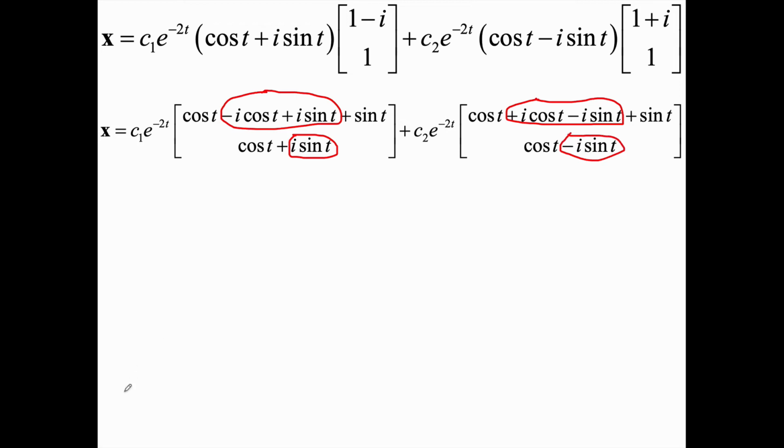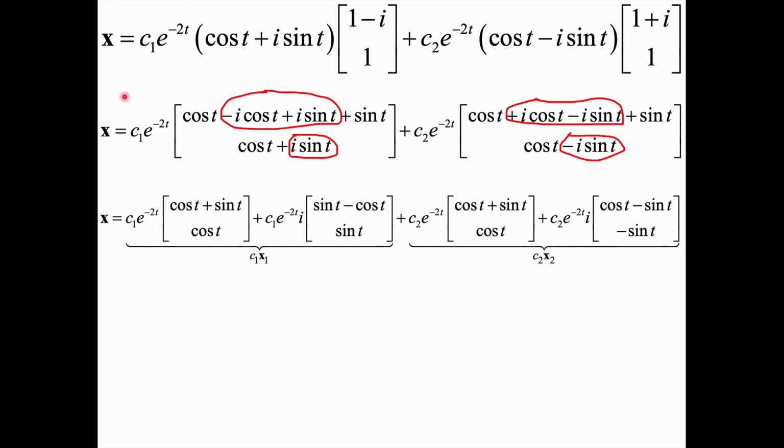So what would happen if I extracted those i pieces out and set apart the real components? It would look like this. Let's look carefully. So everyone see the i stuff? I take the i on the outside, and I have, let's see, sine minus cosine it looks, and just sine, there it is. Those are the i pieces. Notice the i is on the outside.